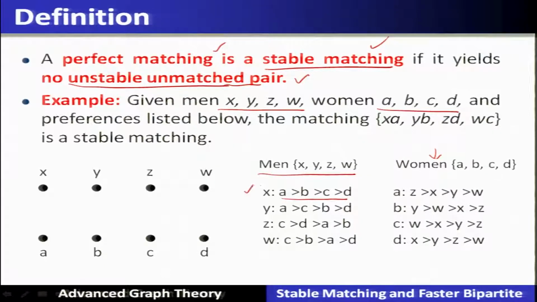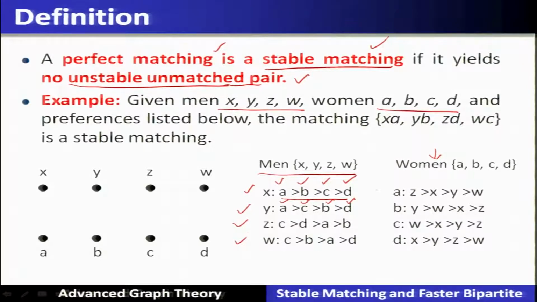For example, X gives a higher preference to A greater than B greater than C greater than D. Similarly, Y gives preferences in this order: A greater than C greater than B greater than D. Similarly, Z and W.